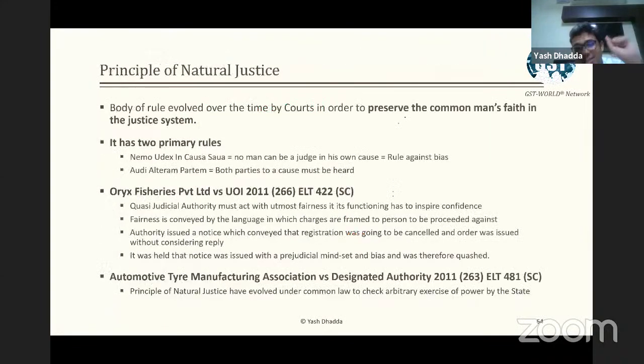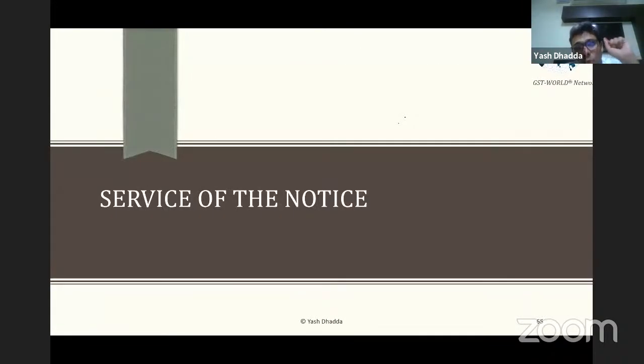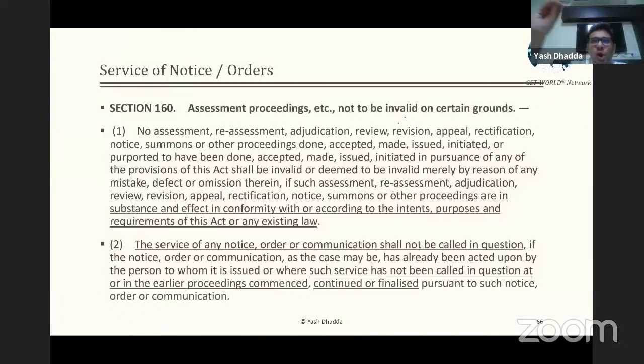As I said in the starting, one thing is whether serving of notices on the portal is valid. We see all types of notices, orders, everything on the GST portal, and we assume that all this service is valid and proper, and there is no problem in it. Everything of this sort is absolutely okay. But we should look at the provision of the law once and see whether there is some lacuna from the government's side.